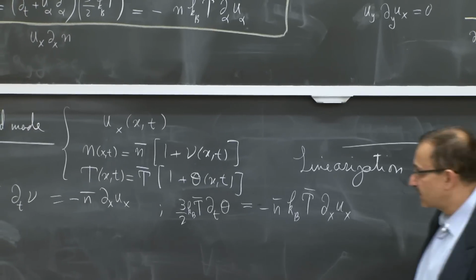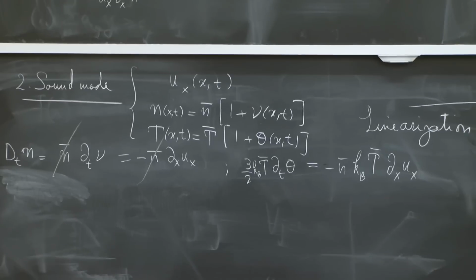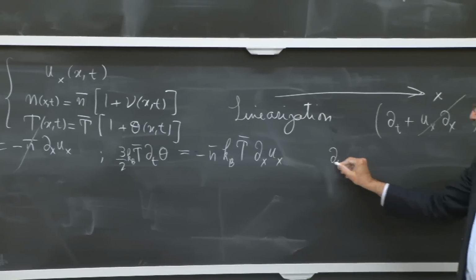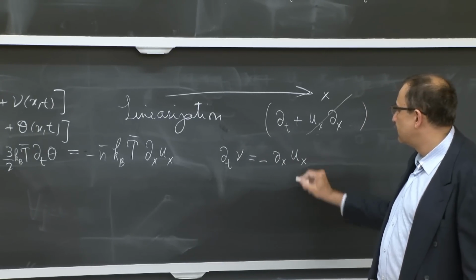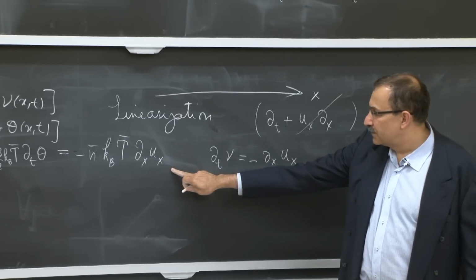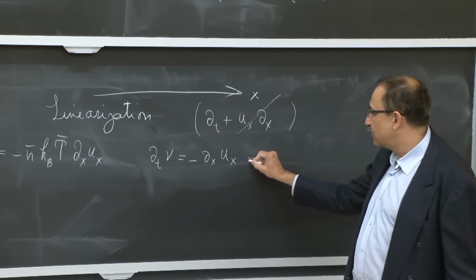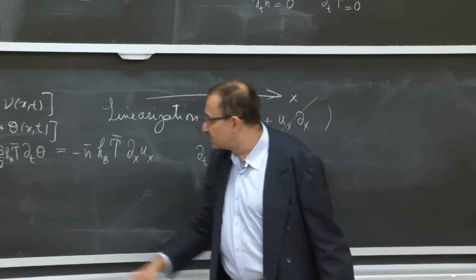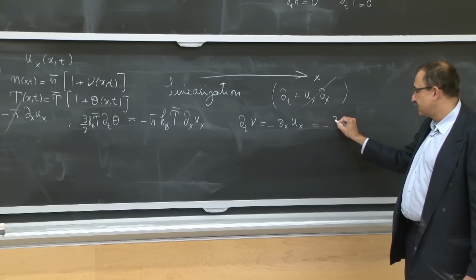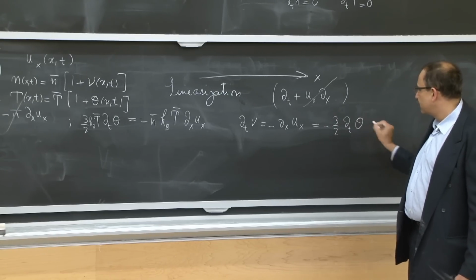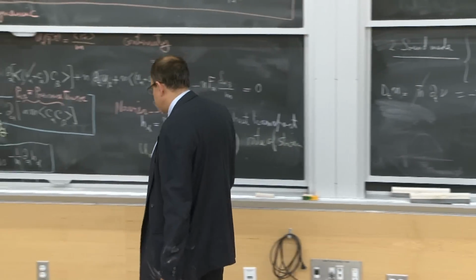So I can certainly divide through by n bar here. And one of my equations becomes dt of nu is minus dx ux. But from here, I see that dx ux is also related, once I divide by kb t, to 3/2 dt theta. And I know this to be true, and I seem to have an additional factor of 1 over n bar here.